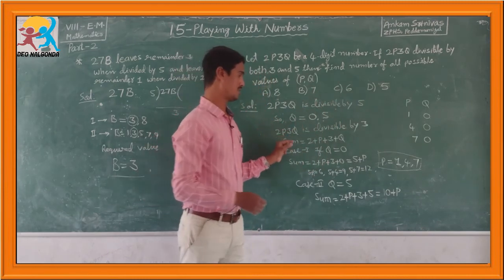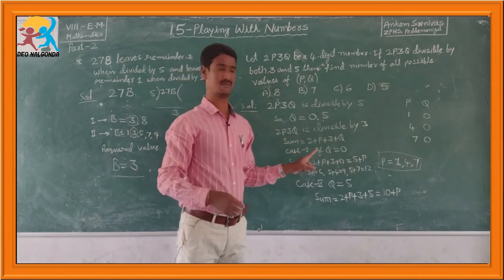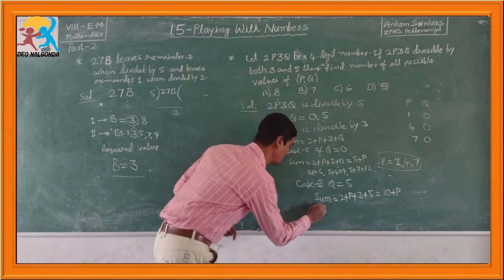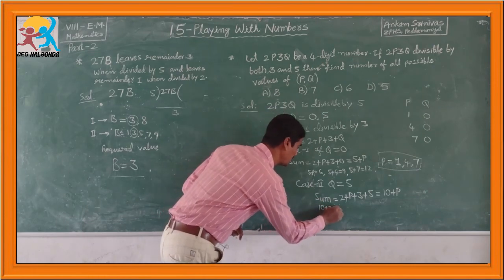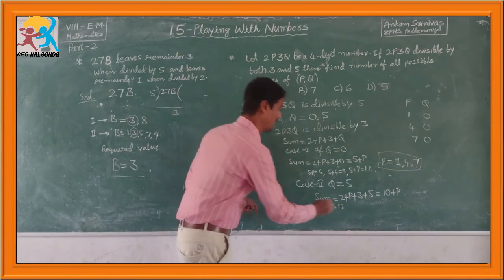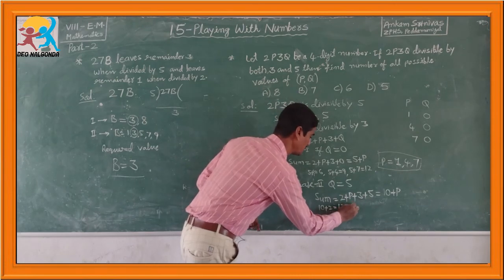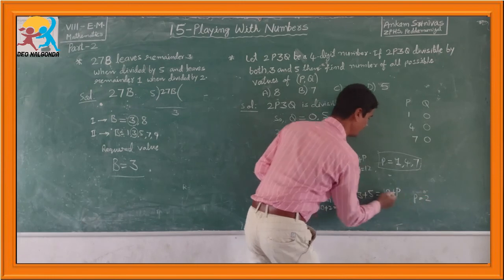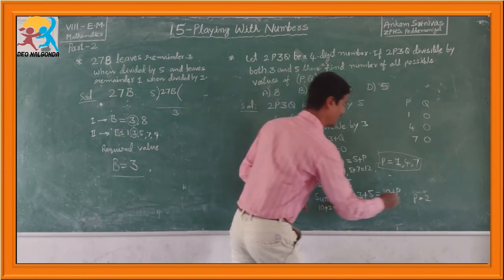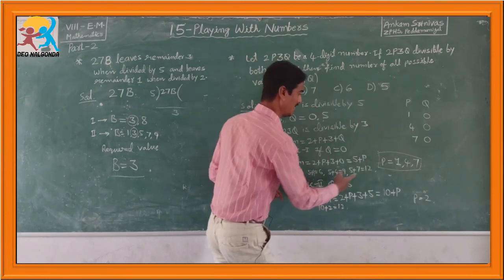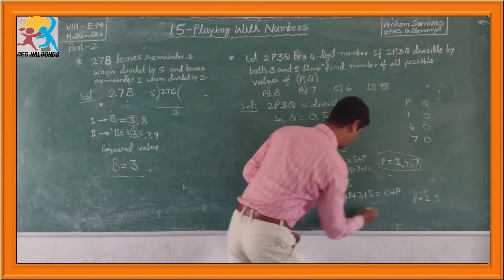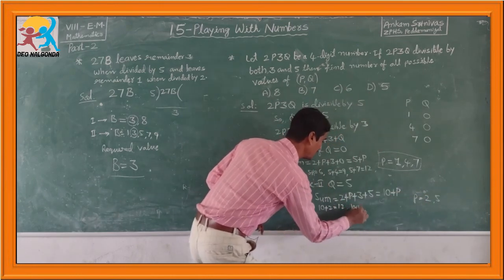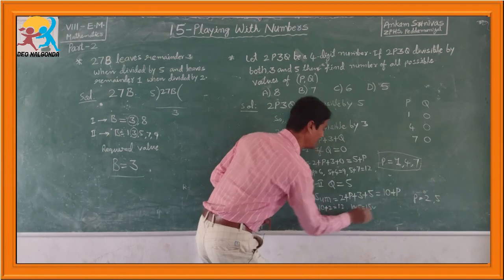If I take p equal to 2, 10 plus 2 equals 12. If I take p equal to 5, 10 plus 5 equals 15, divisible by 3.